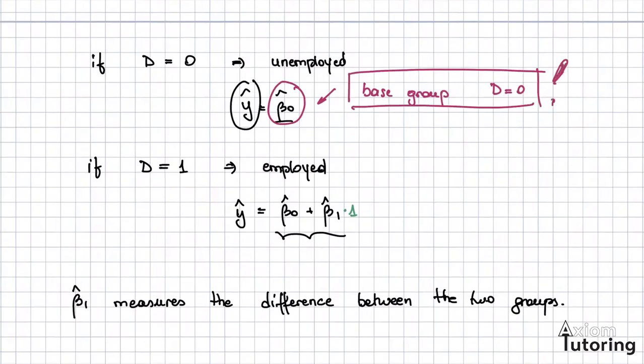Always know which is your base group. Okay? So, once again, it seems that with the dummy variable, we're moving into a new sort of category of interpretation, because now it seems like beta 1 is measuring a difference between the groups.